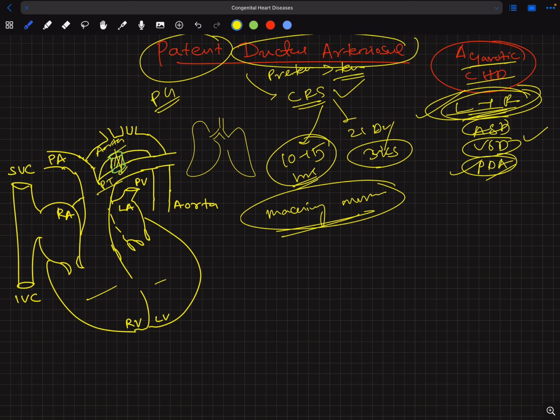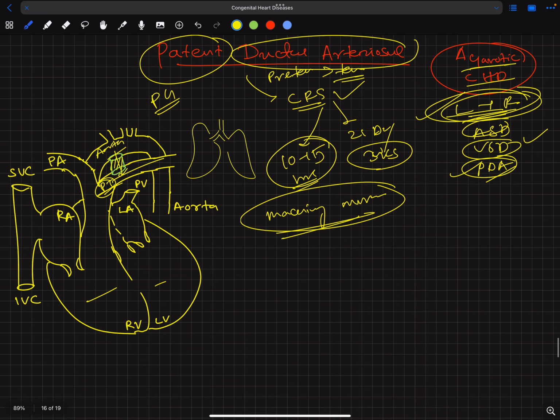So what will happen due to this? When blood from the aorta comes to the pulmonary trunk and goes to the lungs, there will be increased blood flow to the lungs. So there will be development of pulmonary vasoconstriction and congestion of the lung with blood. When the lung is congested with blood, it can lead to development of pneumonia also.